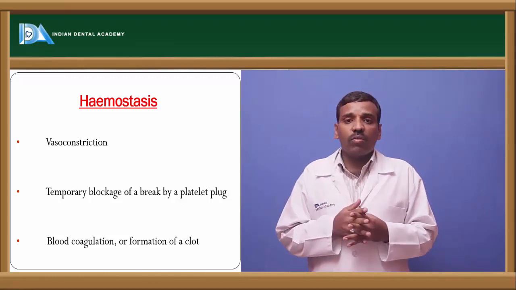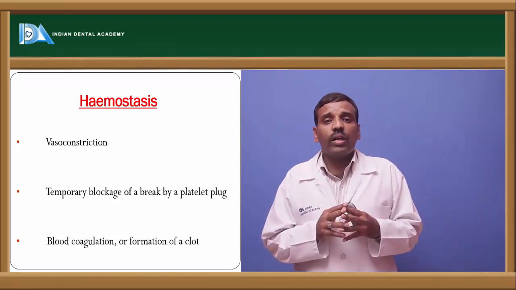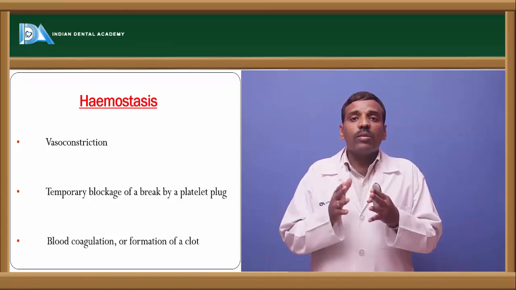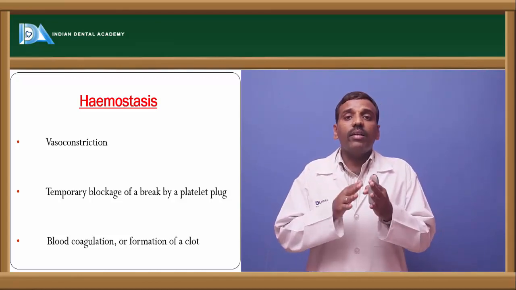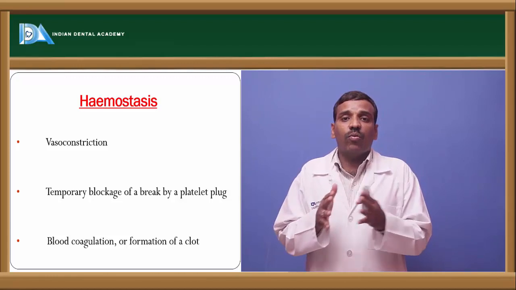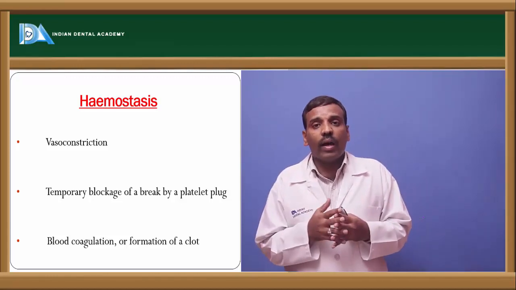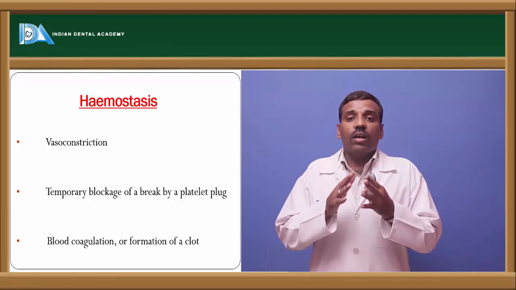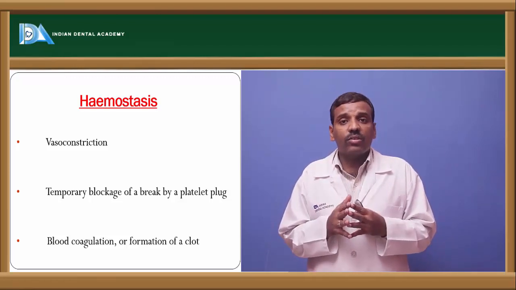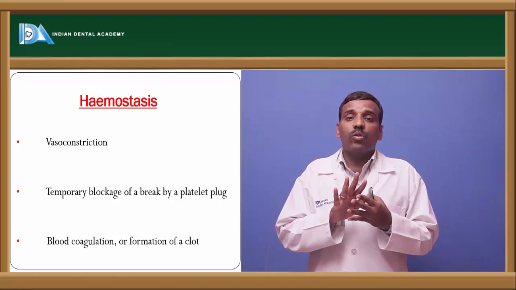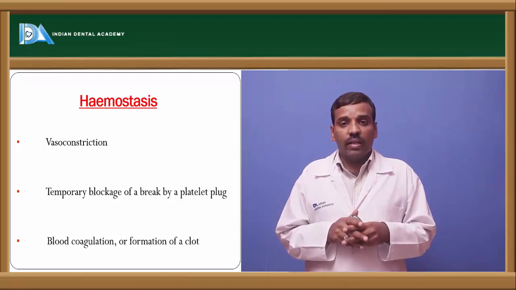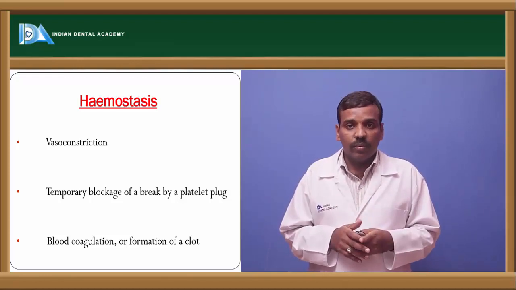In platelet plug formation, at the place of injury, the platelets form a mesh-like structure and are arranged like wall bricks. After that, in blood coagulation, the third stage, the clotting factors and platelets get activated and adhere to the platelets, and a complete clot is formed.